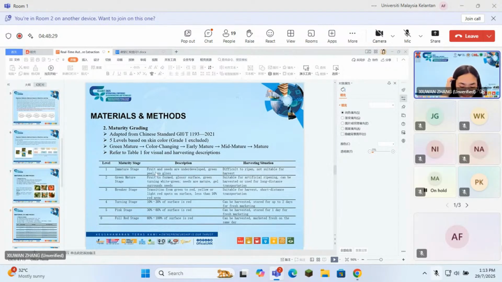We adopted the Chinese commercial standard GT 1193 and condensed it into the 5 practical classes shown on the right. The table not only lists color ratios but also gives actionable advice.